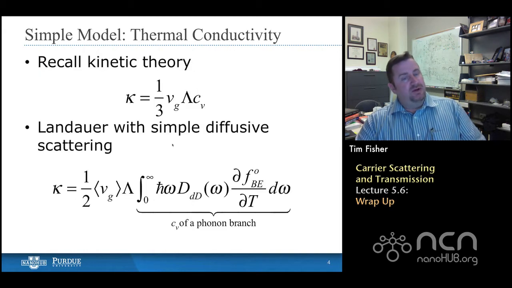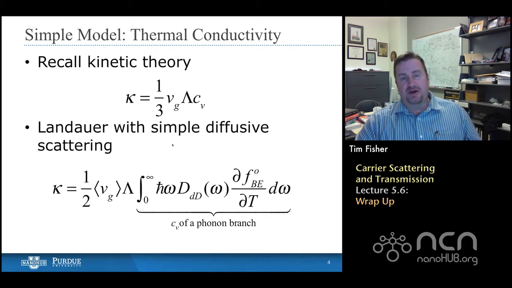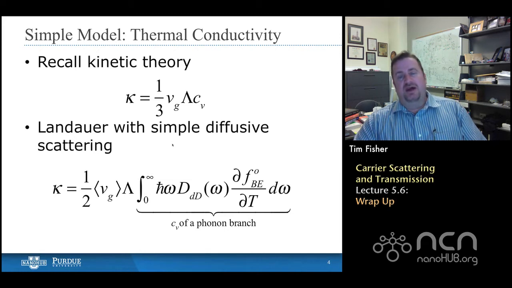And so from that, we recalled back to our simple relationship for thermal conductivity based on kinetic theory. That's where we had a constant mean free path, and we're still kind of assuming that so far here. And we said that thermal conductivity just from kinetic principles would be the product of the group velocity, the mean free path, and the specific heat with a prefactor of 1/3.